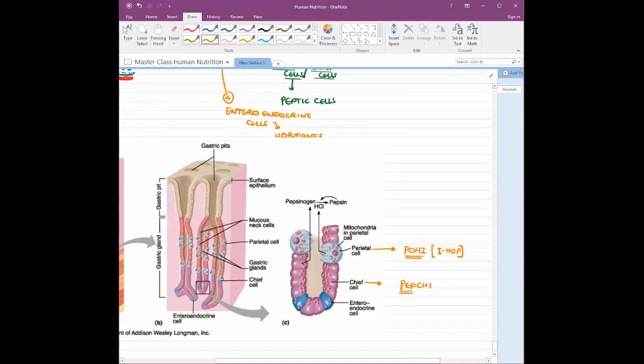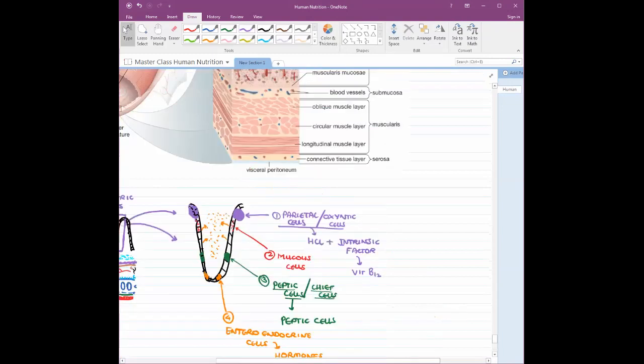Now guys, why am I asking you to remember it this way? As we move ahead, you are going to see even more cells, and these cells will produce their own stuff. So you need to remember them somehow or the other. That is why, remember parietal cells as POHI or ulta IHOP, and the second one, your peptic cells, as Pepchi.